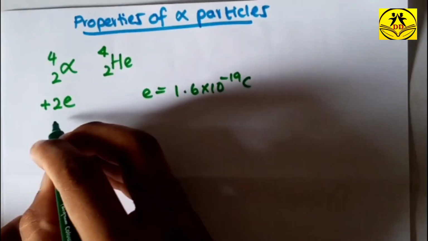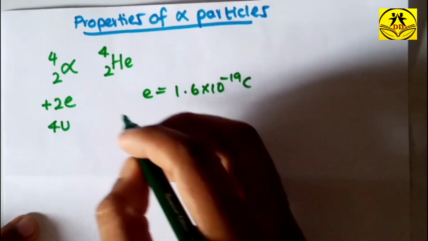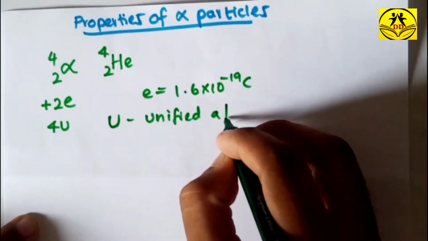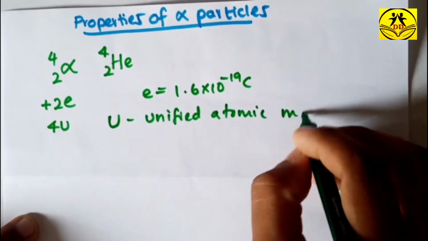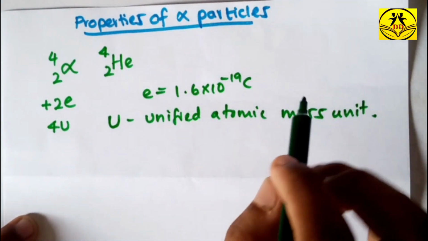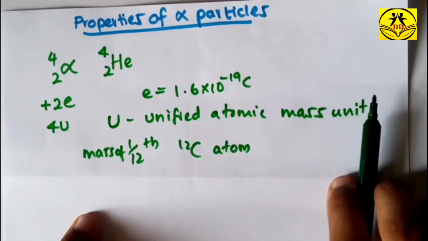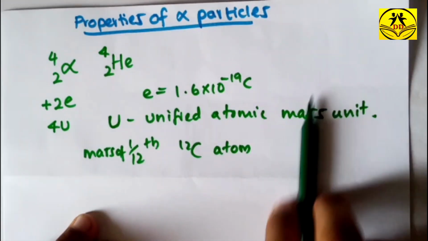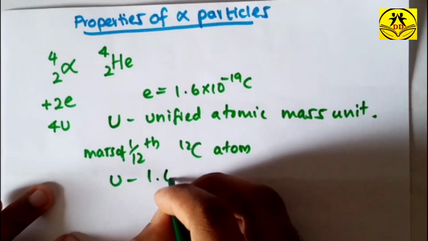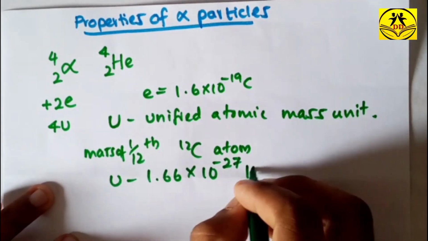Its mass is equal to 4 times u, where u is the unified atomic mass unit, the mass of 1/12 of a carbon-12 atom, which is equal to 1.66 times 10 to the power minus 27 kilograms.